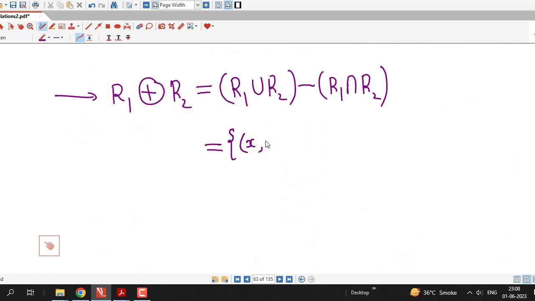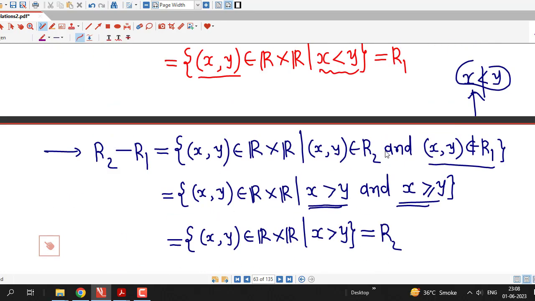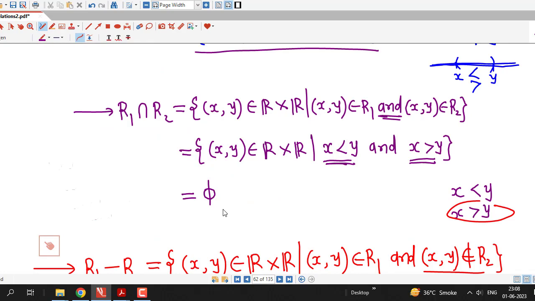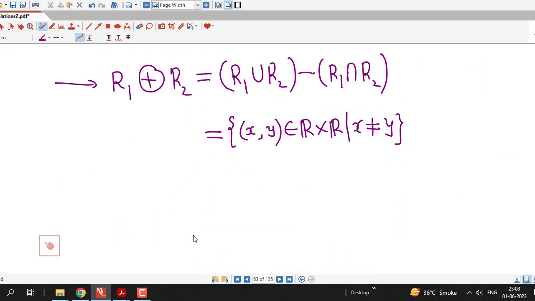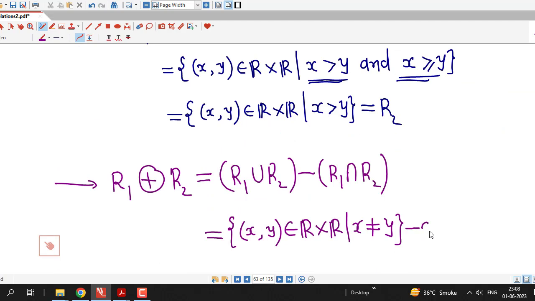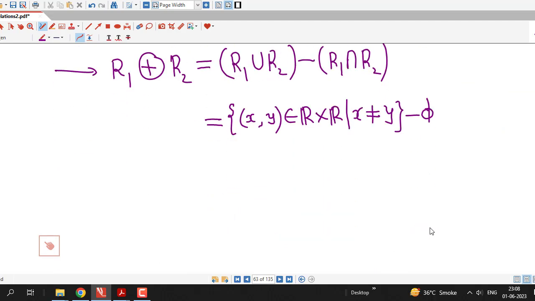Ordered pair xy from R cross R such that x is not equal to y, and what is R1 intersection R2? It is the empty set. R1 intersection R2 is the empty set, so here we write minus empty set.